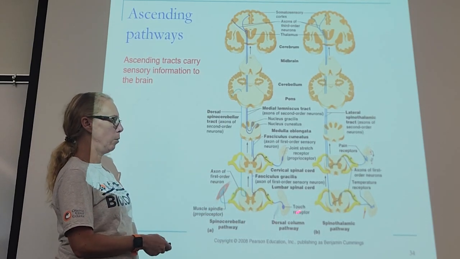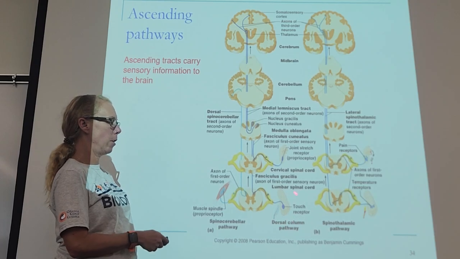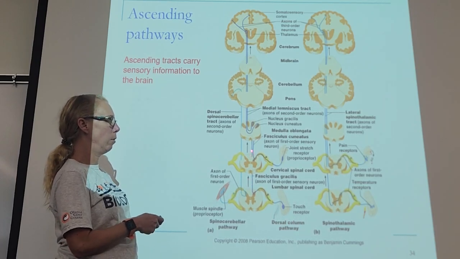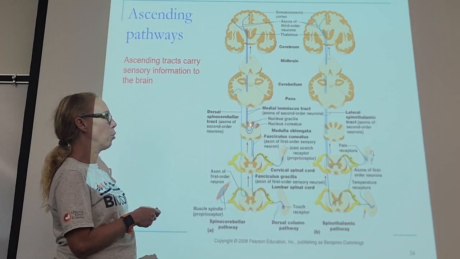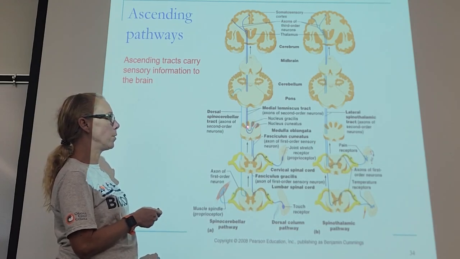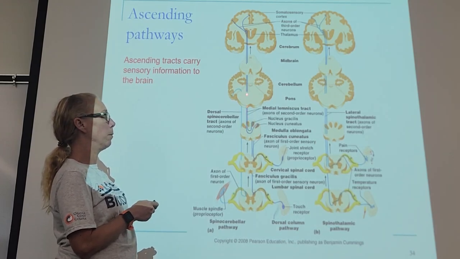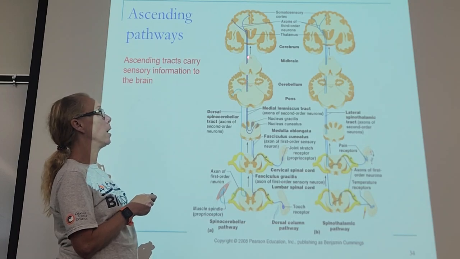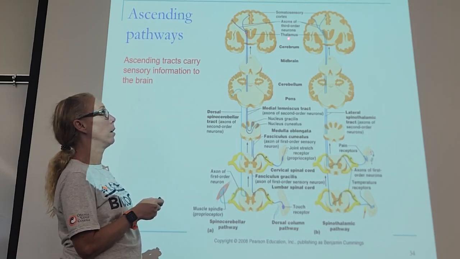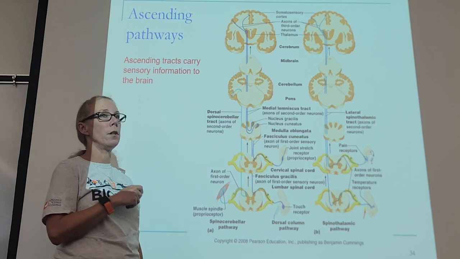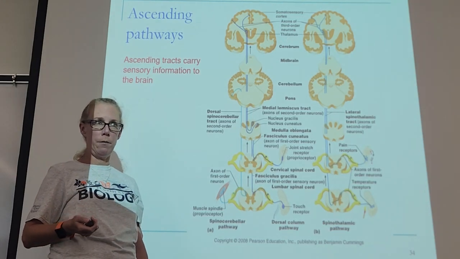So, for example, touch receptor, feather under the foot. You've got higher level communication between interneurons going up. You get a crossing over at the medulla oblongata, and it comes up and synapses where? In the thalamus, which is the main sensory relay station of the brain.